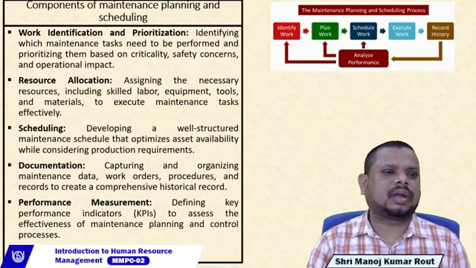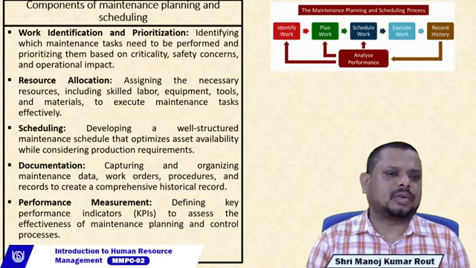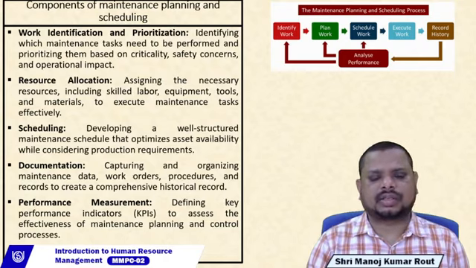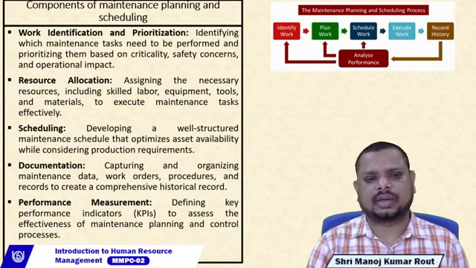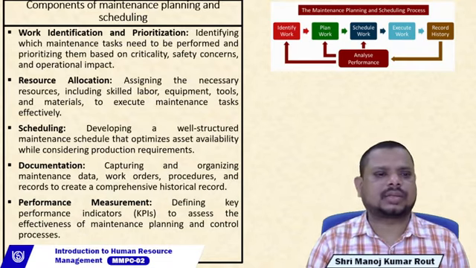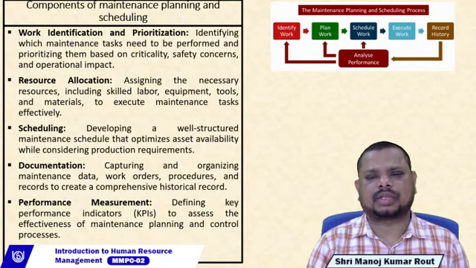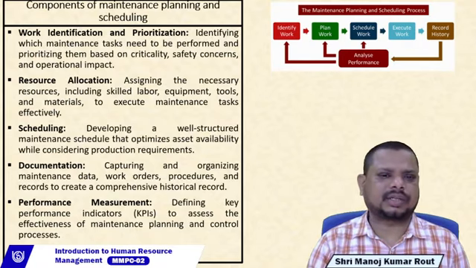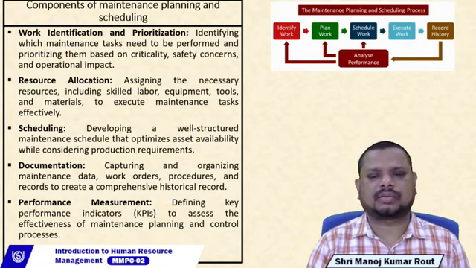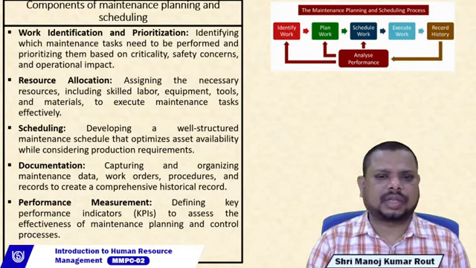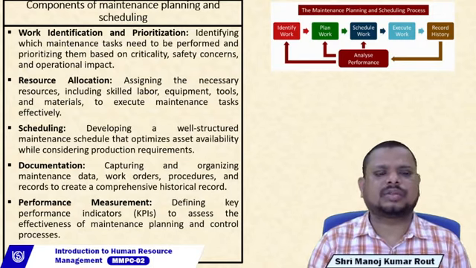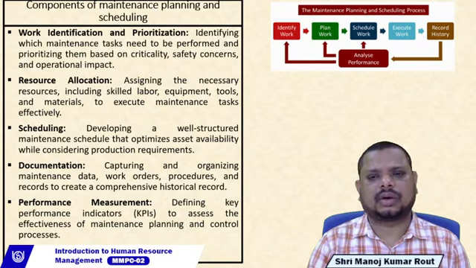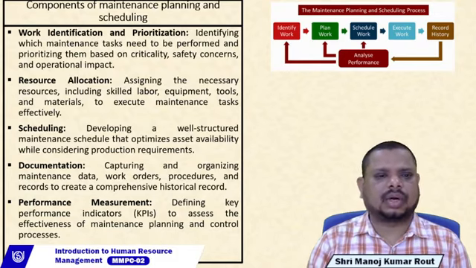So let's understand the importance of the various components which help in maintenance planning and scheduling. The first one is work identification and prioritization. In prioritization, you implement proactive maintenance schedules for various systems and subsystems. But first you have to identify which maintenance tasks need to be performed and prioritize them based upon criticality.